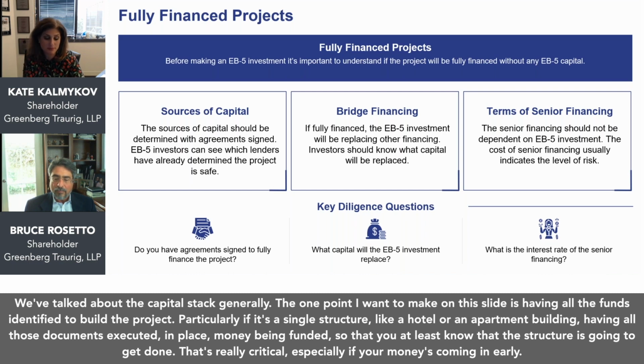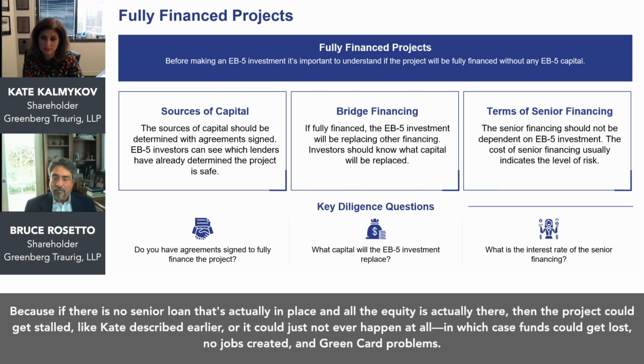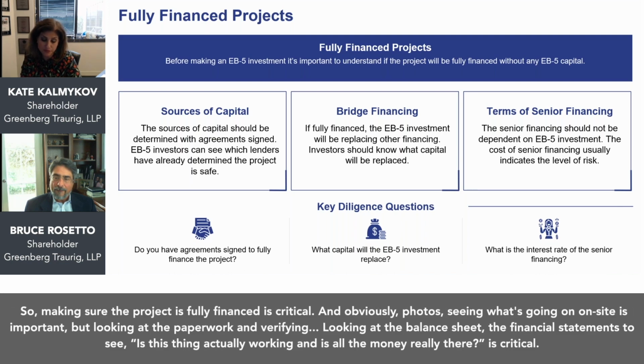That's really critical. Especially if your money's coming in early, because if there is no senior loan that's actually in place and all the equity is actually there, then the project could get stalled, like Kate described earlier, or it could just not ever happen at all, in which case funds could get lost, no jobs created, and green card problems. So making sure the project is fully financed is critical.